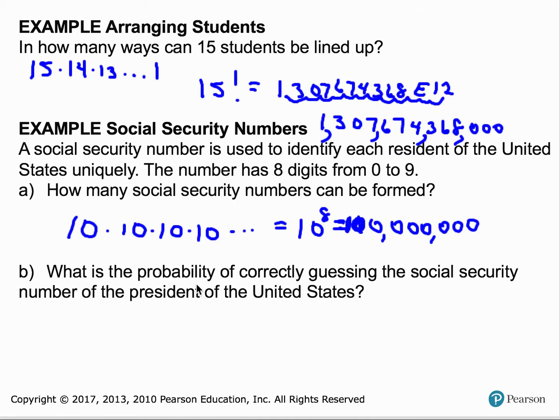So the probability of correctly guessing the Social Security number of the President of the United States, well, that would be one Social Security number you're guessing. That's your event. Out of how many possible number combinations are there? 100 million, right?